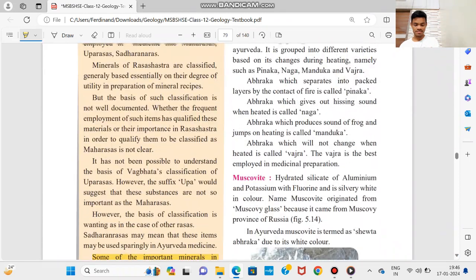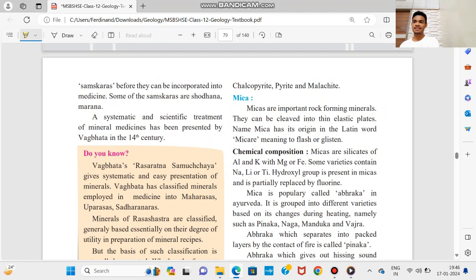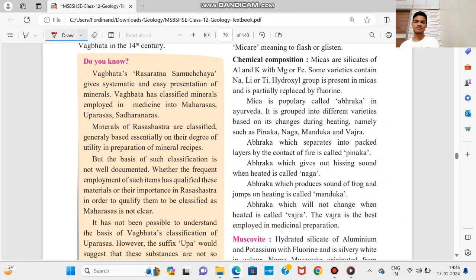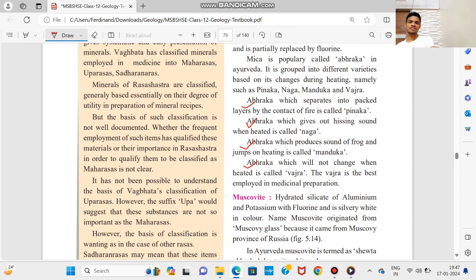Description of mica: I have a gut feeling that this can come in the current exam. Remember these 4 names. Abhraka separates into packed layers on contact with fire. Hissing out sound when heated is naga. Frog jumping on heating is called manduka. And which does not change on heating is vajra. Remember this: vajra, manduka, naga and pinaka.